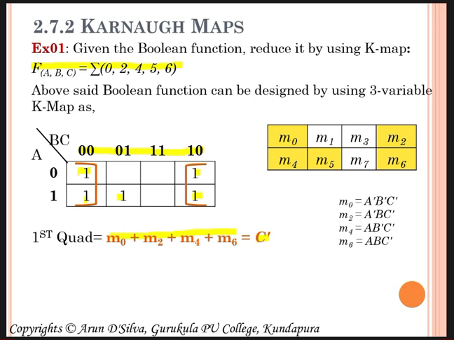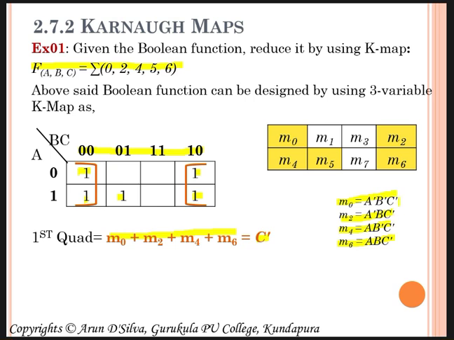Or in another way, what is the min term of M0? That is A dash B dash C dash. The min term for M2 is A dash B C dash. For M4 it is A B dash C dash. And M6 is A B C dash.